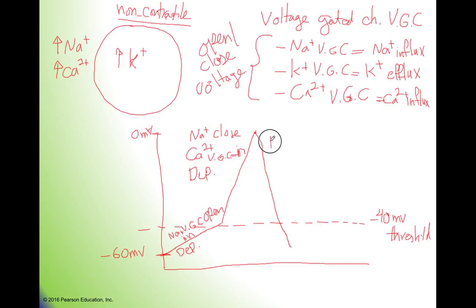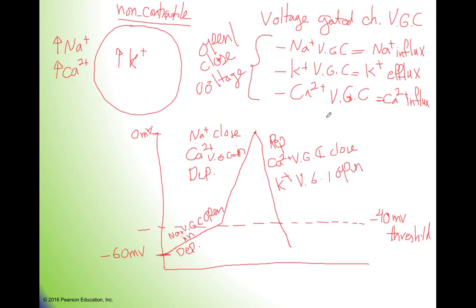This process is called what? Repolarization. And it is done by the following. Your calcium VGC are going to close. And what you're going to open is your potassium VGCs.